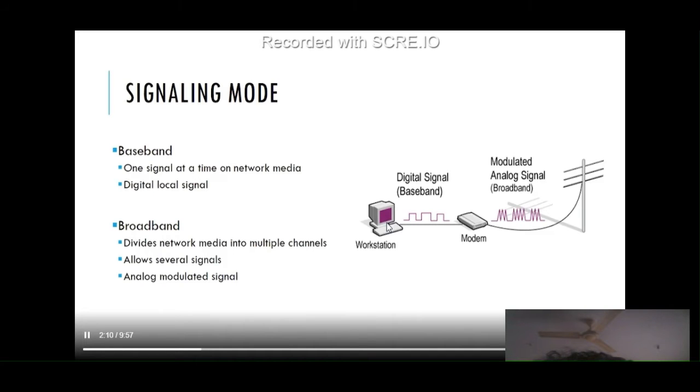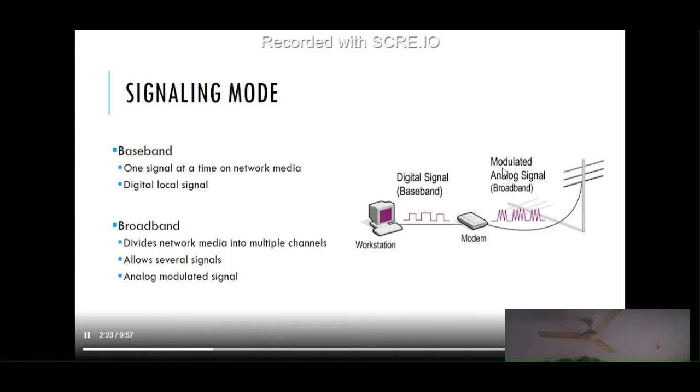This computer is getting a signal from the modem, that is called digital signal or baseband. Broadband means dividing network media into multiple channels, allowing several analog modulated signals. It means here this computer can receive one signal at a time from the modem.